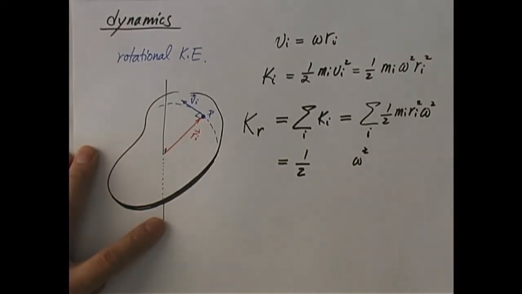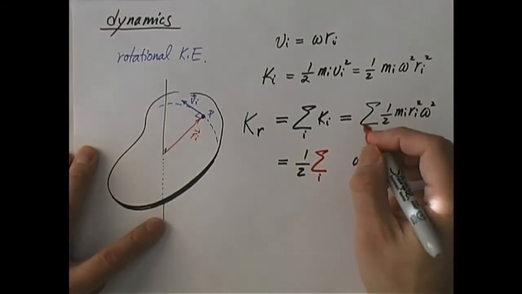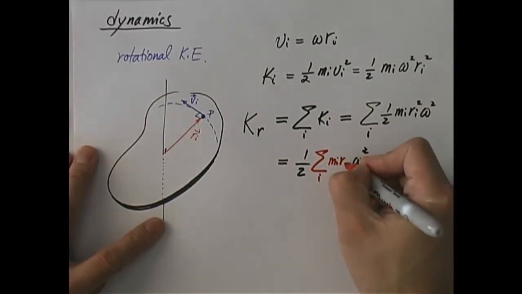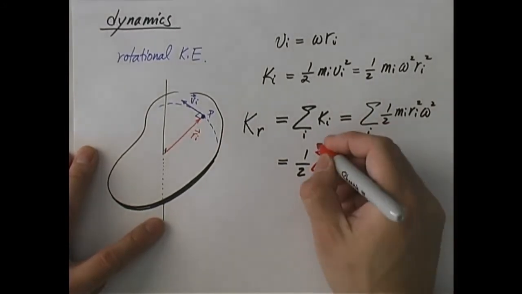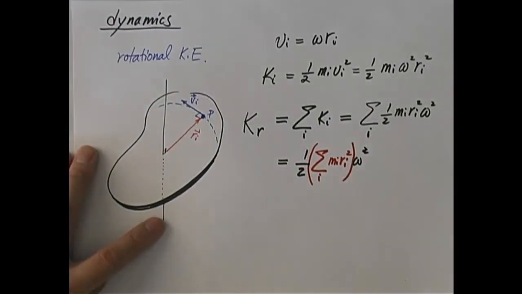But what's left is this combination in the middle, the sum over the entire object, m_i r_i squared, right? This is a combination which you can calculate based on the shape, size and mass of the object.